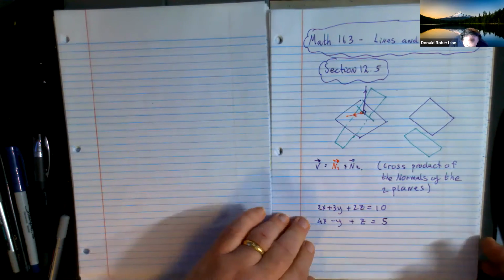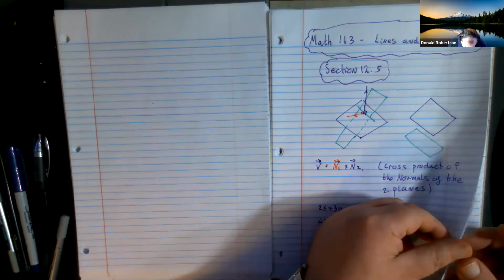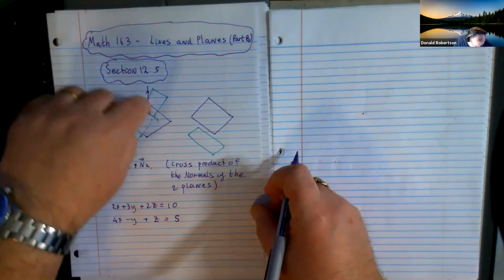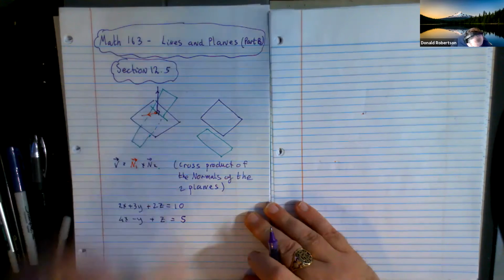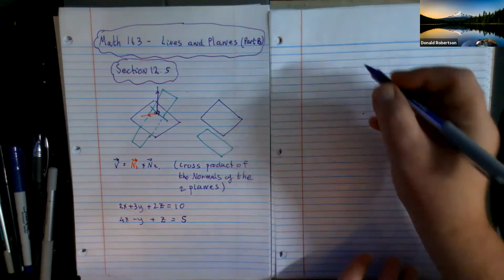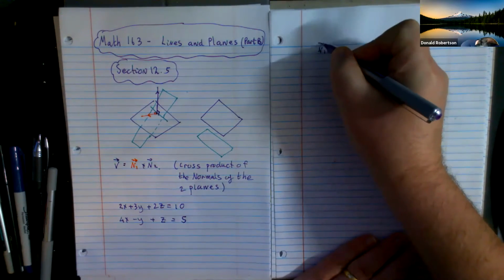So if I wanted to find the vector v, the direction vector v, then I would find the 2 normals.